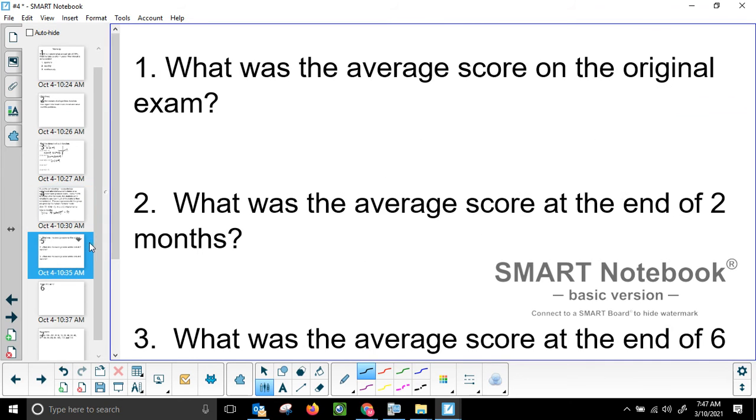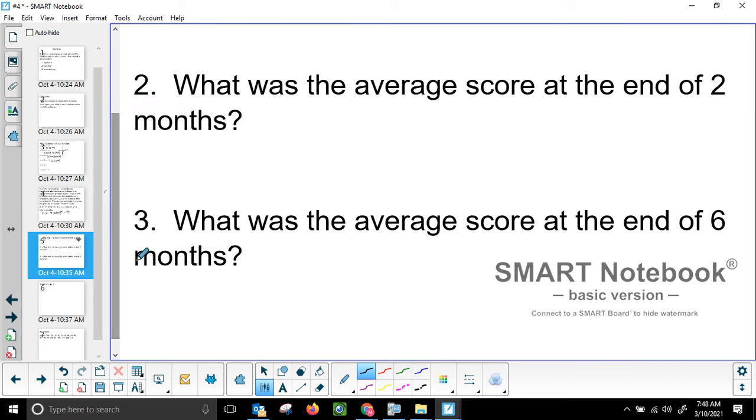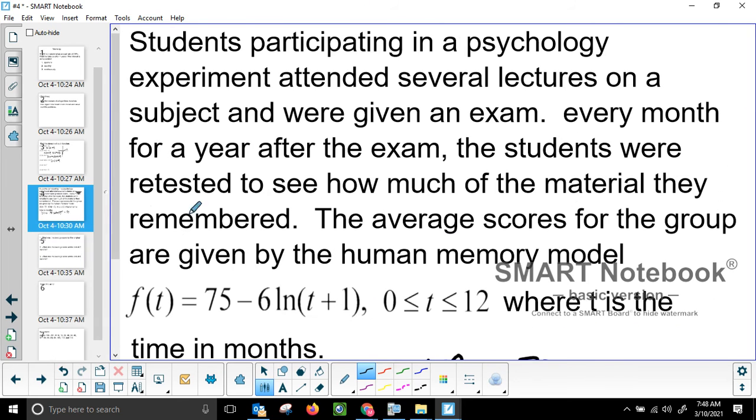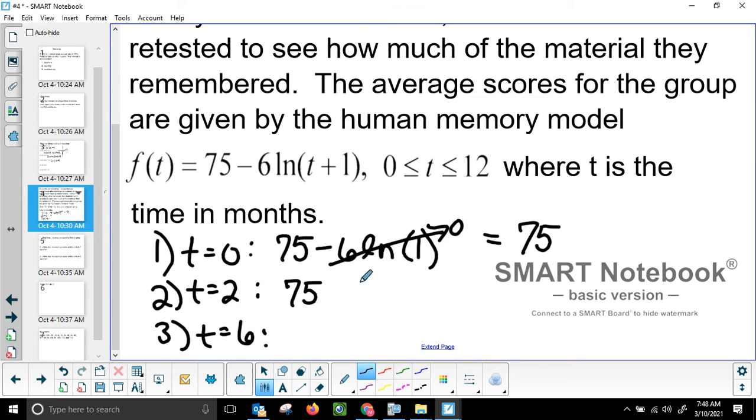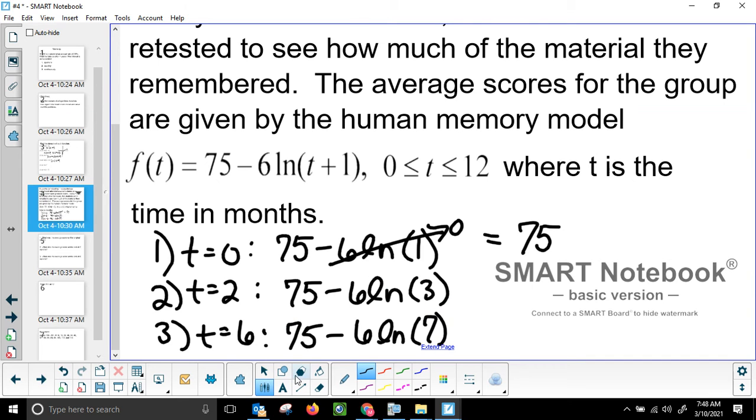What was the average score at the end of 2 months and 6 months? We can do those together. So for number 2, t equals 2, and for number 3, t equals 6. Here we get 75 minus 6 ln of 2 plus 1, that will be 3. And here, 75 minus 6 ln of 6 plus 1, that would be 7.